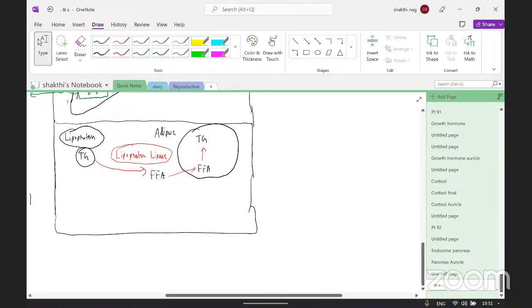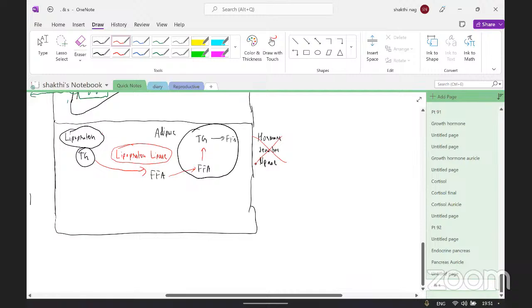This is opposed to another hormone we talked about before, which splits this into fatty acid. That is what we call hormone sensitive lipase, which is inhibited by your insulin.